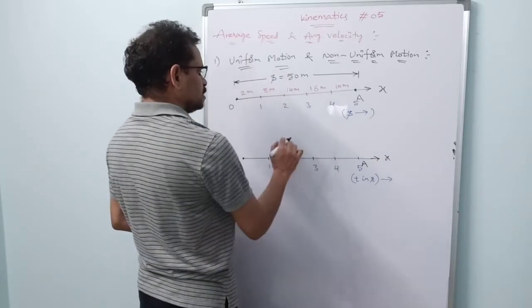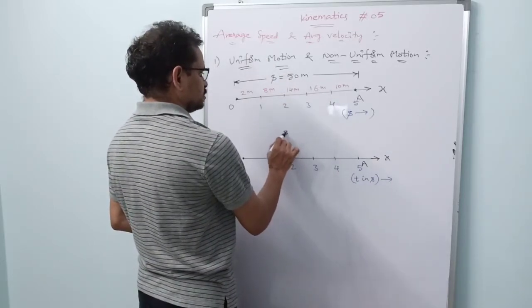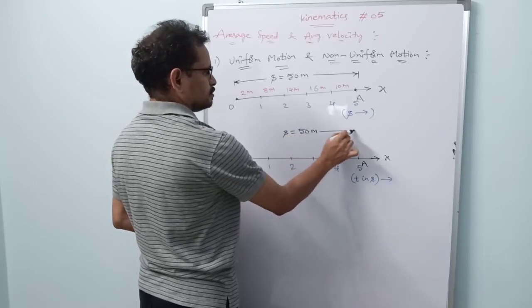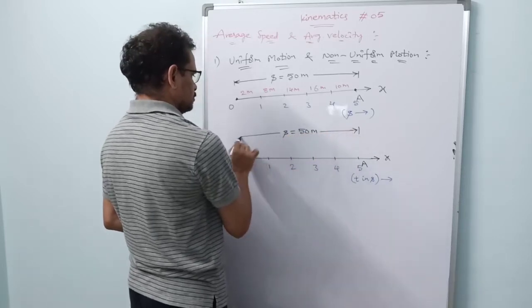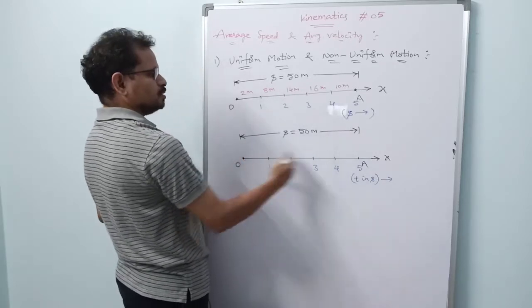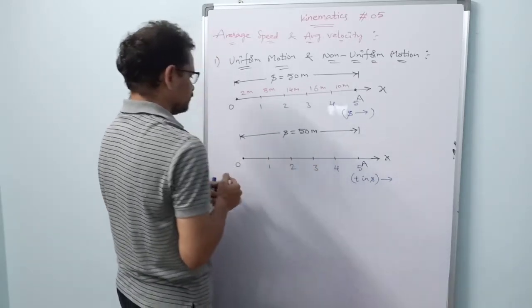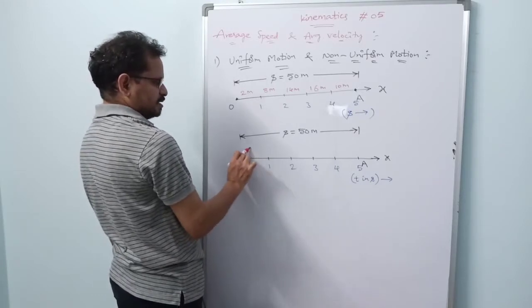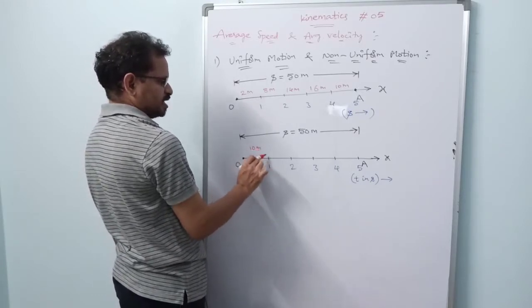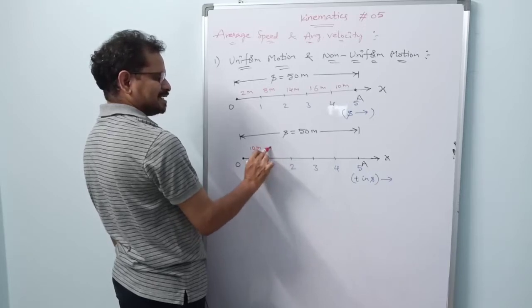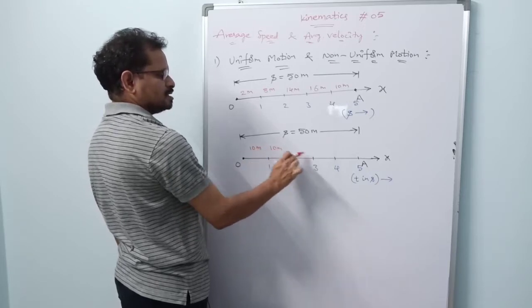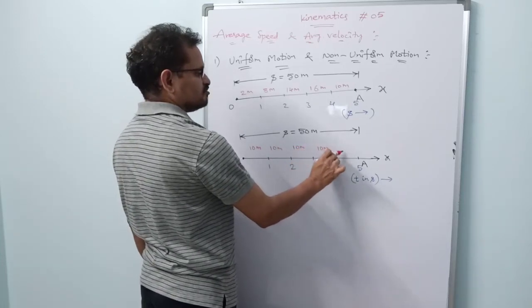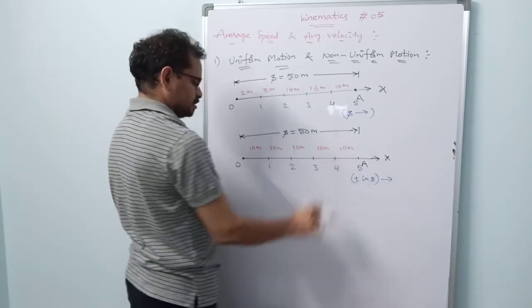The total distance S is 50 meters. Let us suppose that in the first second it covers a distance of 10 meters, second second 10 meters, third second 10 meters, fourth second 10 meters, fifth second 10 meters.